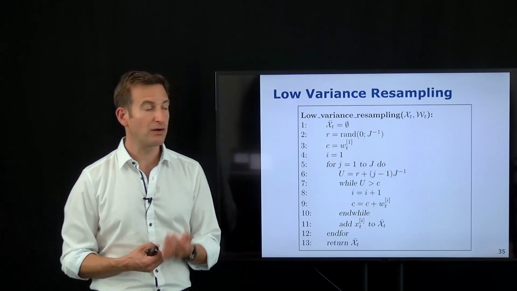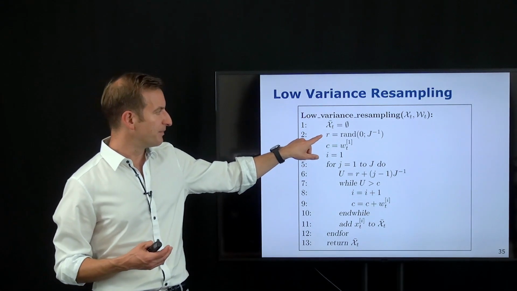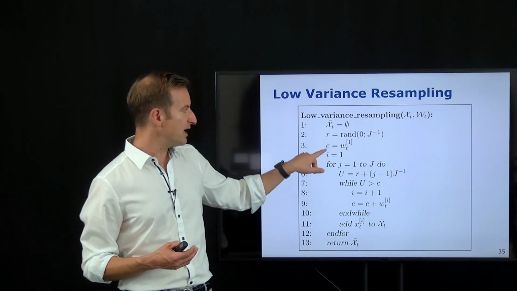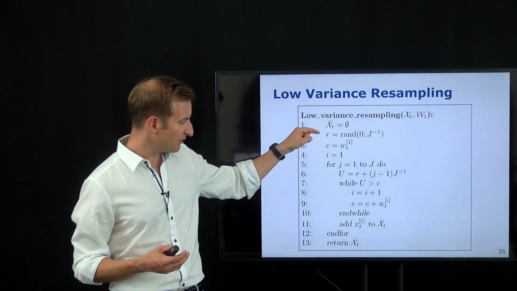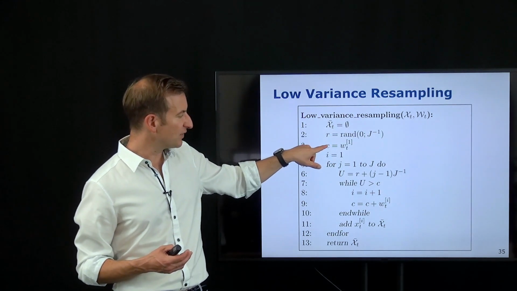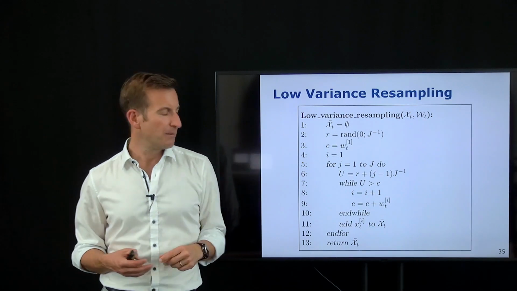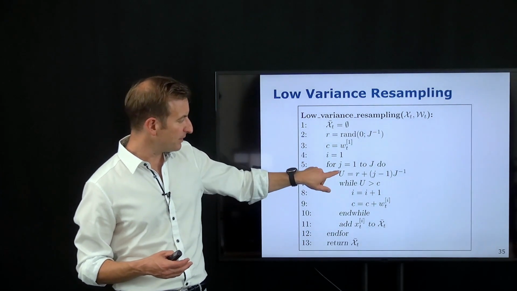We can also write this down as a more formal algorithm. So we start with a random number between 0 and 1 divided by j. I have my cumulative array, which I build up, though I don't even need to compute it explicitly. I just need to maintain the variable of the current bucket where I'm in. I'm iterating j steps, and this is copied from the previous slide.